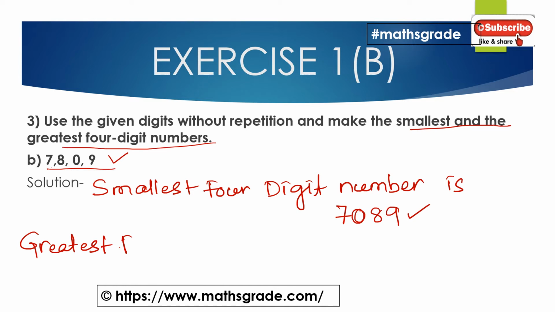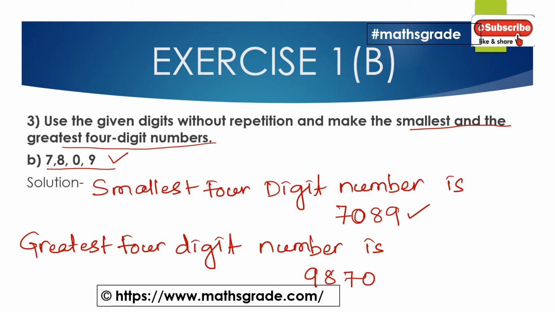The greatest 4-digit number: the greatest digit is 9. Then after 9, the next is 8, then after 8, this is 7, then 0.